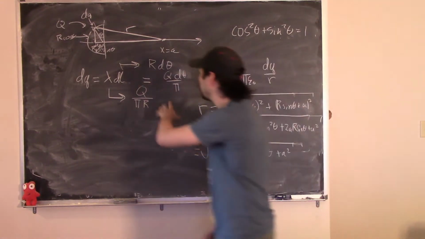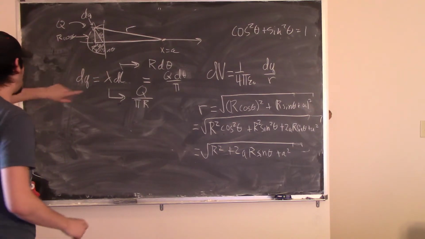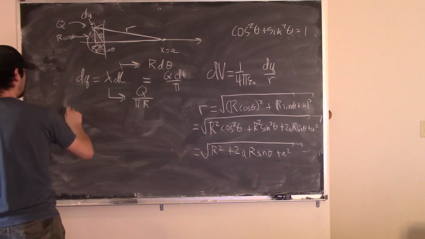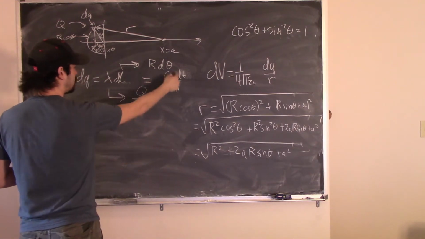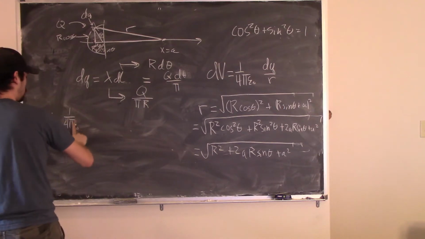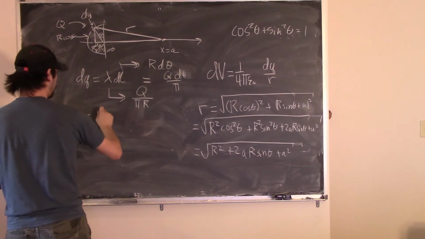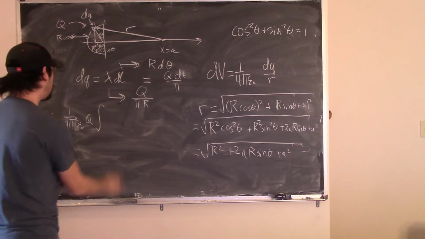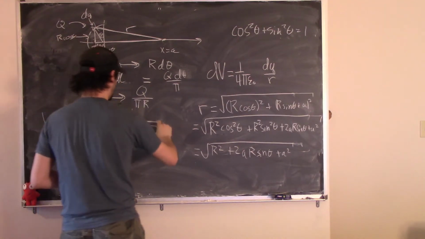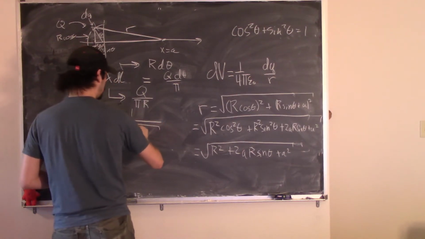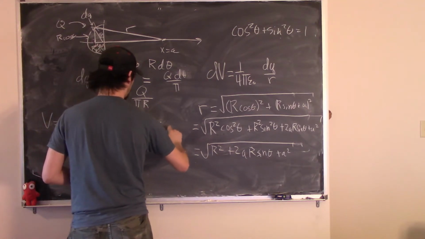So to put this all together to define the electric potential at this point, V is going to be equal to 1 over 4 pi epsilon naught times this q divided by pi, so that gives me 1 over pi squared epsilon naught times q times the integral of d theta times 1 over the square root of r squared plus 2ar sine of theta plus a squared.